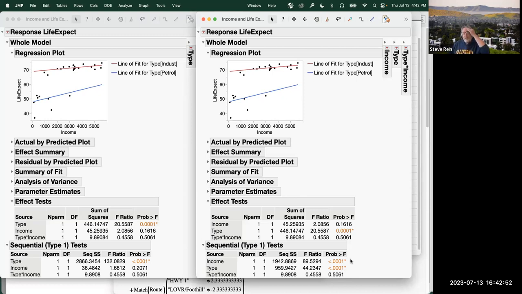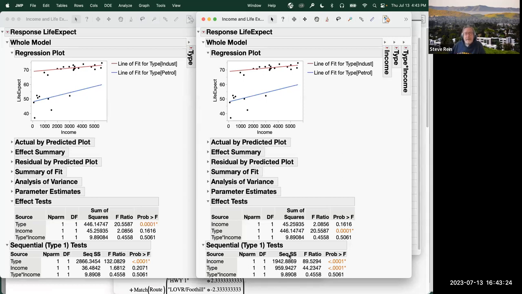So income seems to matter, but really it's country type that plays the key role here. Is there a benefit of country type above and beyond income? Yes, it proves itself as benefiting us, but there is no benefit of having the interaction. Any questions on that so far? Okay.